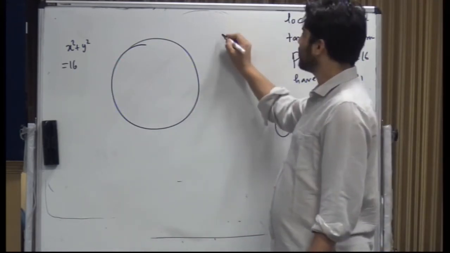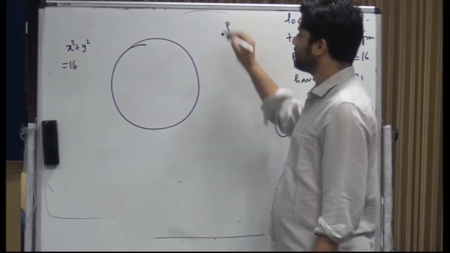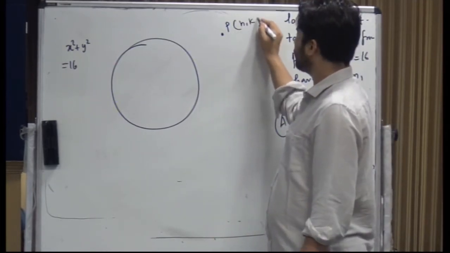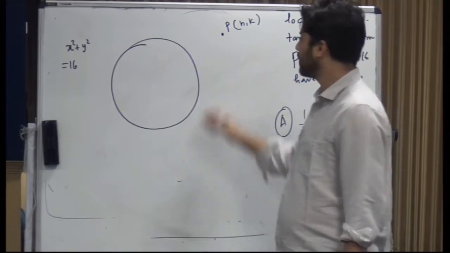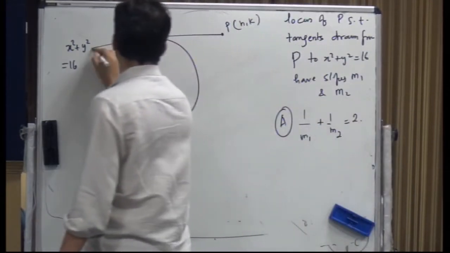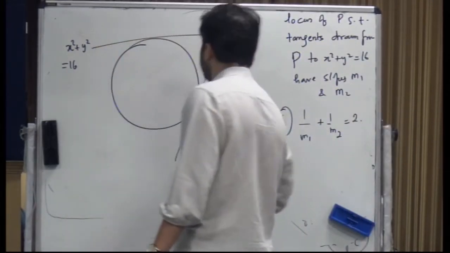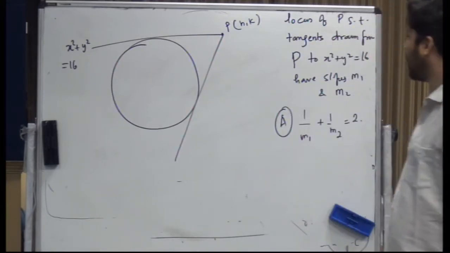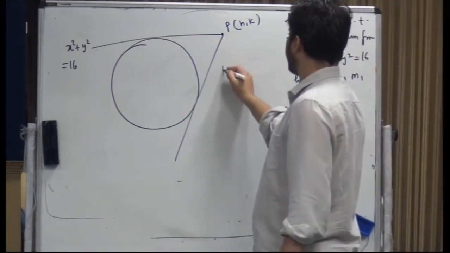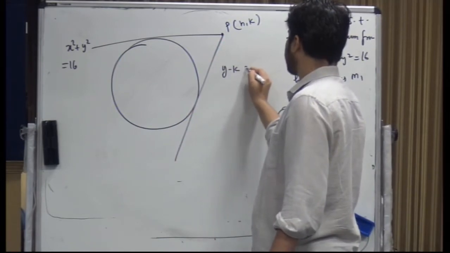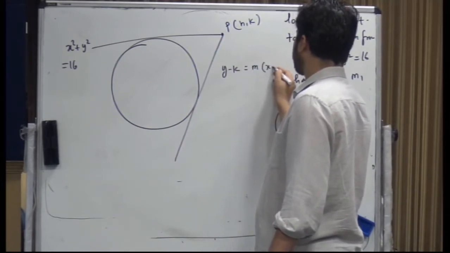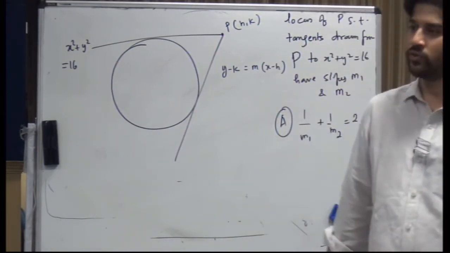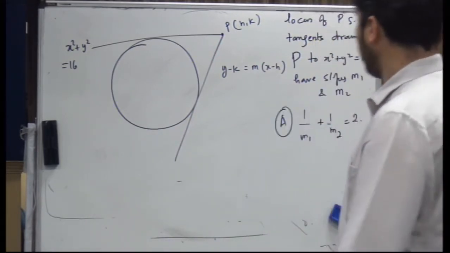So this is the point P, whose point is h comma k. I am going to draw two tangents, right? I am going to write the equation as y minus k is equal to m into x minus h, right? Through common sense.